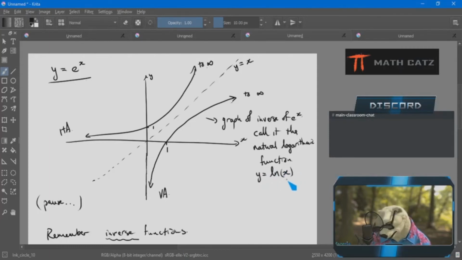Technically, there are brackets here because that's a name, but the convention is to not really show the brackets, just a little space. This is just a name because this function doesn't exist in my current vocabulary. It's not a polynomial. It's not a rational function.